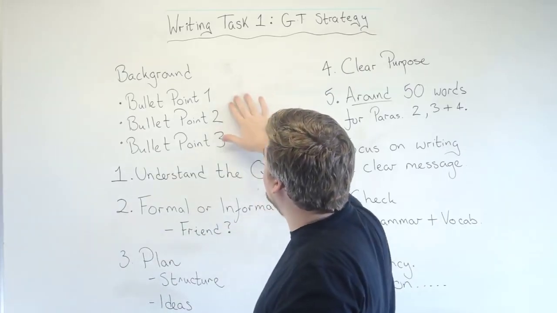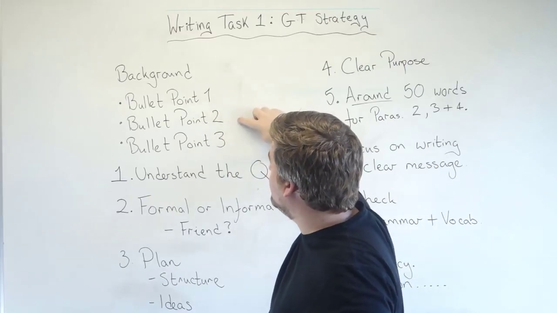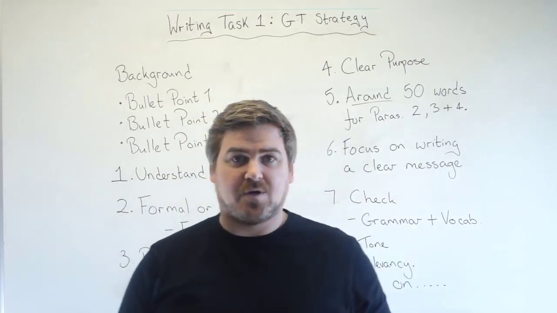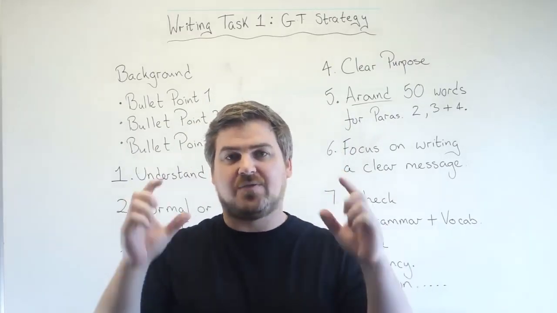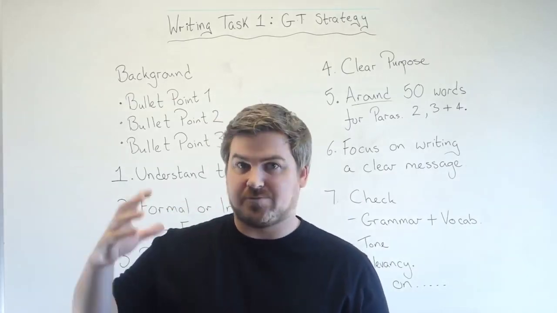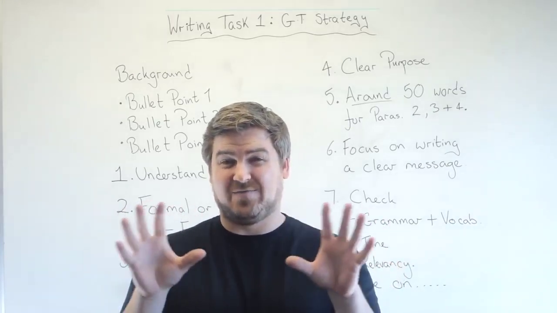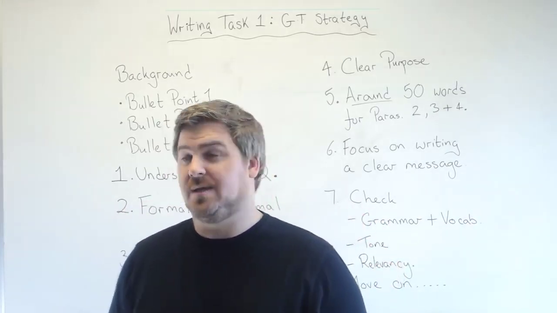And then it will ask you to write about 3 different bullet points. So bullet point number 1, bullet point number 2, and bullet point number 3. All right, so background information and then 3 bullet points. And this is really important because it's going to help us write the letter. And so being familiar with that structure and that information that they're going to give you is really important.